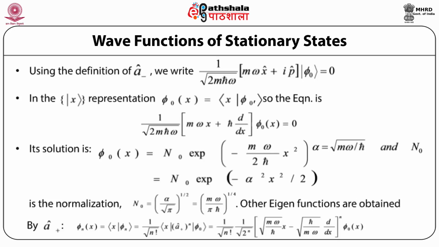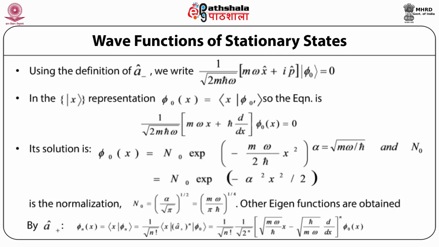In the complete basis representation of the position eigenvector x, that is the ket vector x, we have φ₀(x) given by the bra vector x, ket vector φ₀.